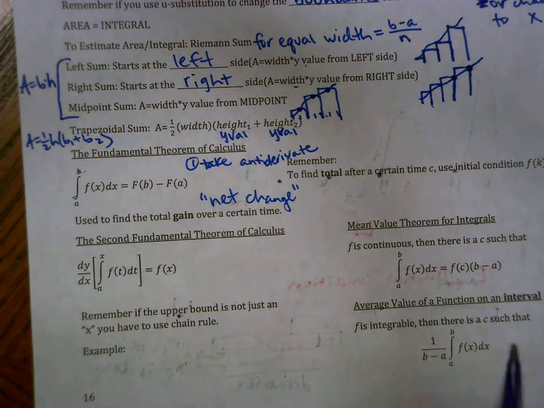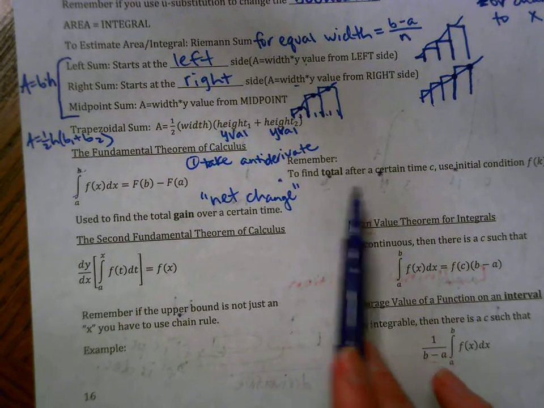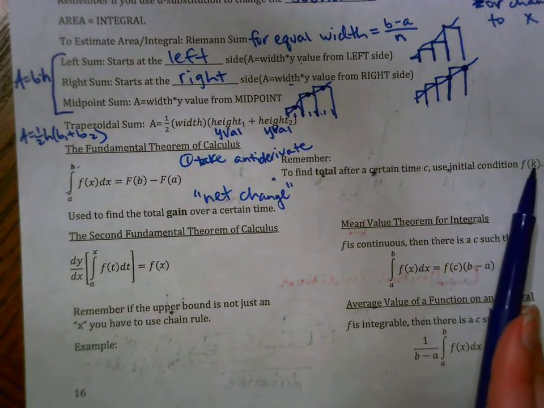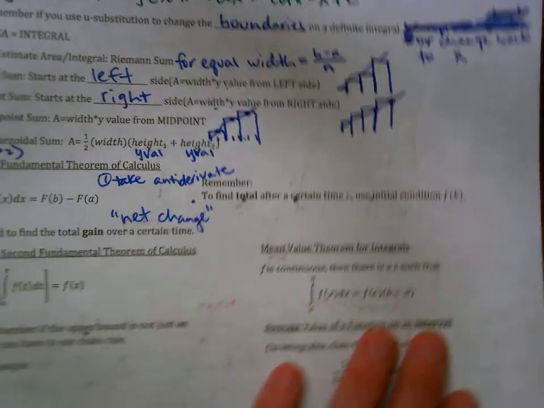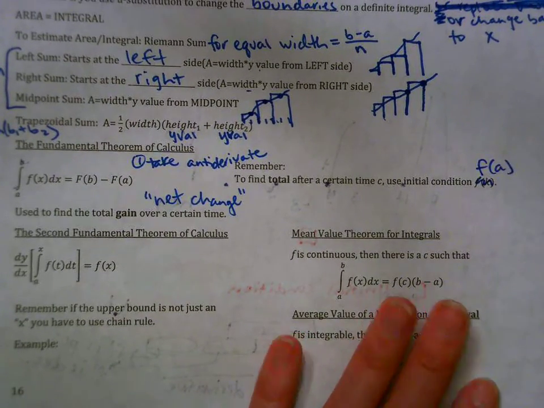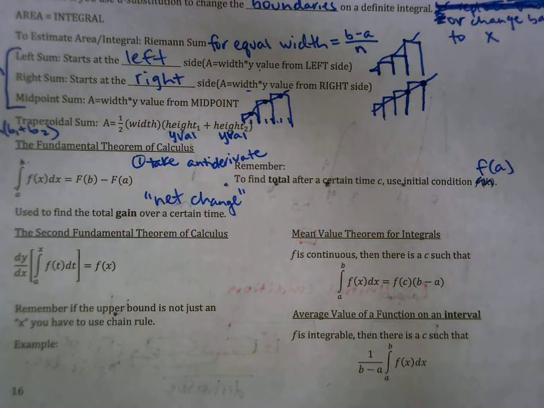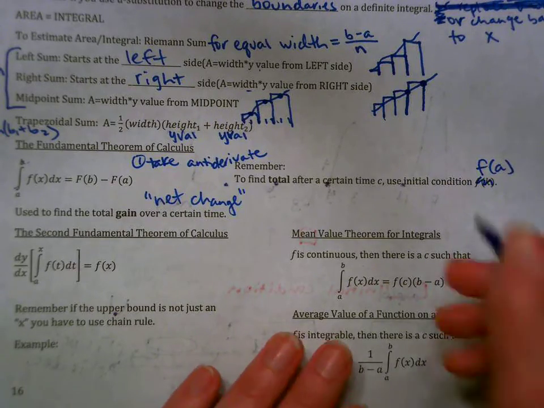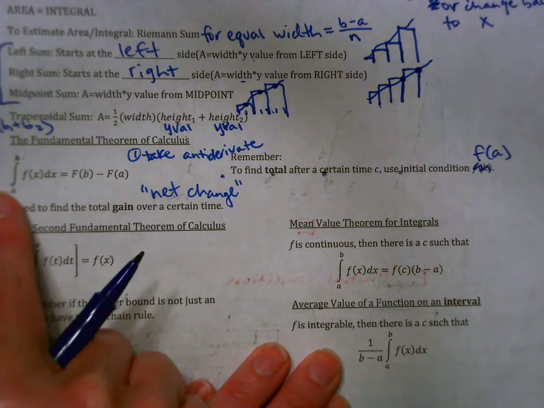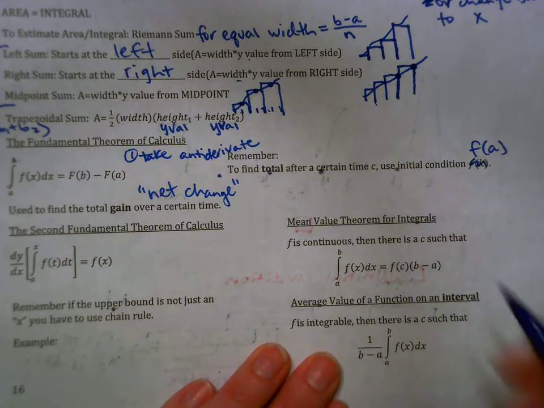Okay, so then it says, remember to find the total after a certain time, you have to use your initial condition. I just said F of k, but I'm going to change that to be F of a. So it comes from here, it's just manipulated to move F of a over to the other side.